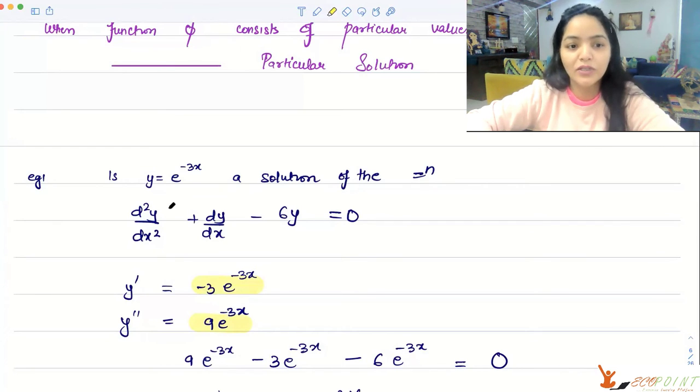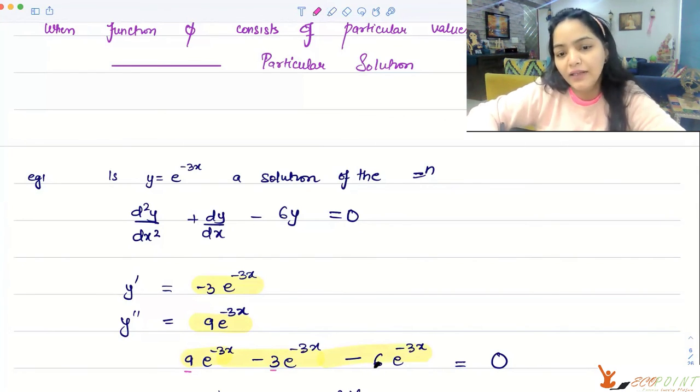Now, the equation: y double dash, this is where it is, plus y dash, that means minus 3 e to the power minus 3x to be added. Minus 6y, that means minus 6 times e to the power minus 3x added. Now you can notice yourself, you have 9 here. If you add up these, you will get minus 9 here, along with the same thing, e to the power minus 3x.